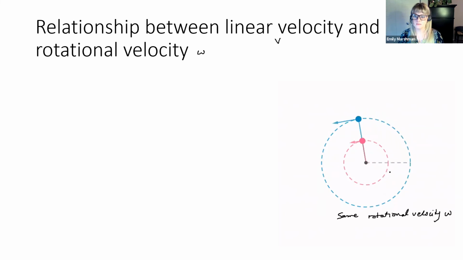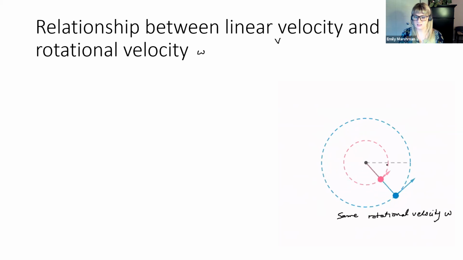But one of them has a larger linear velocity, and that is the one on the outside. Why? Because in 1 second, this one on the outside travels a lot farther of a distance.